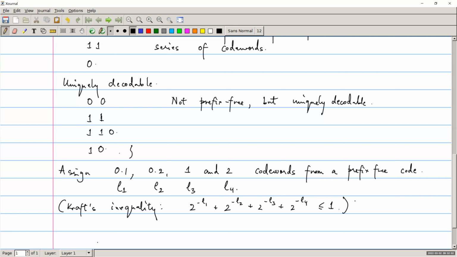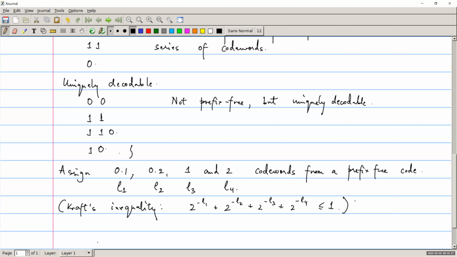So you can see this as a formalization of the constraint that if you want a prefix-free or uniquely decodable code, there's a penalty to choosing short code lengths. If there is one codeword with length 1, that takes up 2 to the minus 1, that is 1/2.